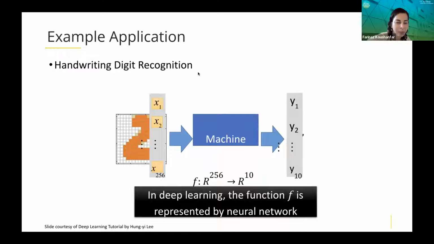Now you could write this input in a vector. So you basically take this two-dimensional array and vectorize it, and then this vector is given to the learning algorithm, and then you're given the output.